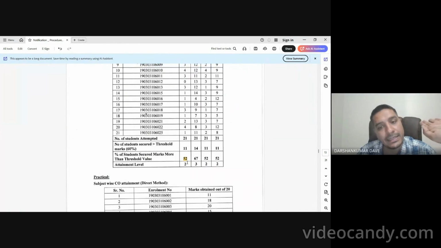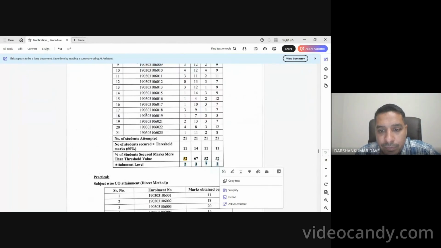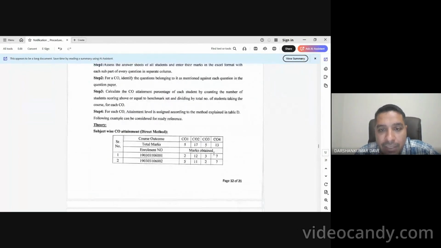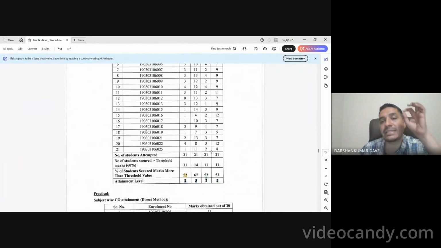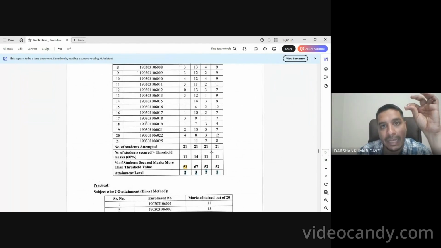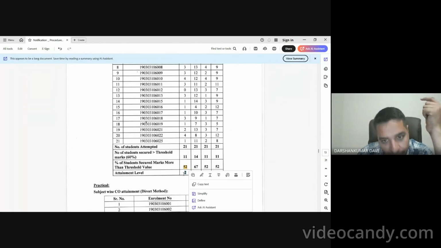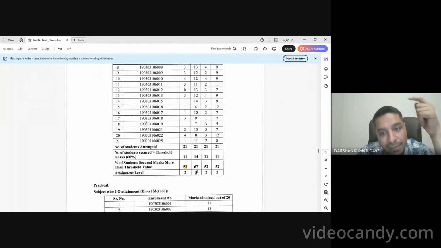Is this table clear? How to calculate this one? Yes, sir. How did they give these numbers, 2, 3, 2, 2? Depending on the criteria that we have set, if 60% of students have obtained more than the threshold value, then level 3 because beyond 60.